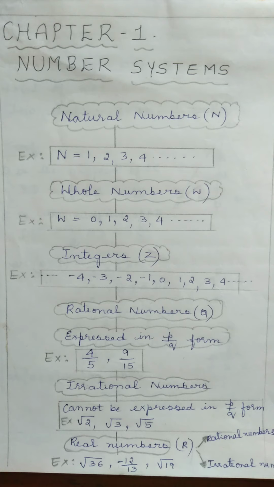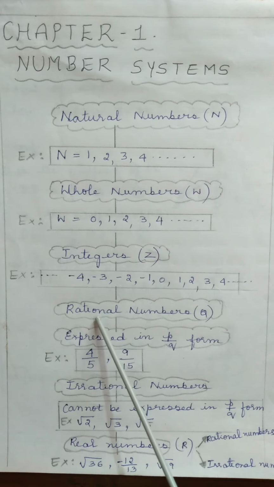So, we have -4, -3, -2 and -1. These are called negative numbers, or negative integers. And 1, 2, 3, 4, etc. are called positive numbers, the positive integers.